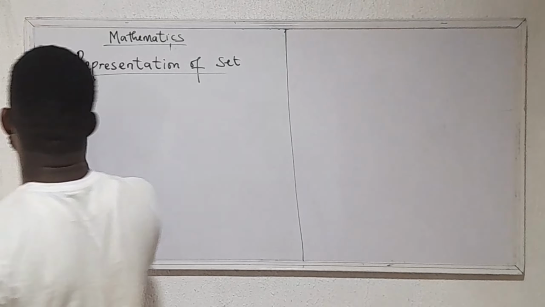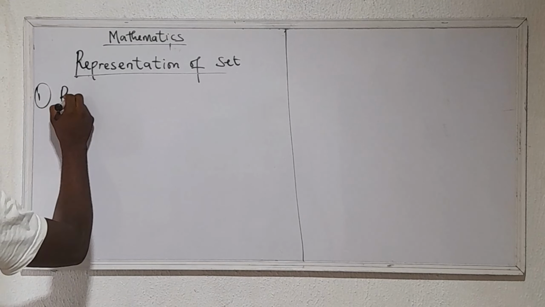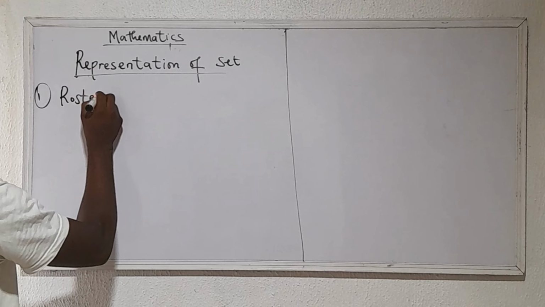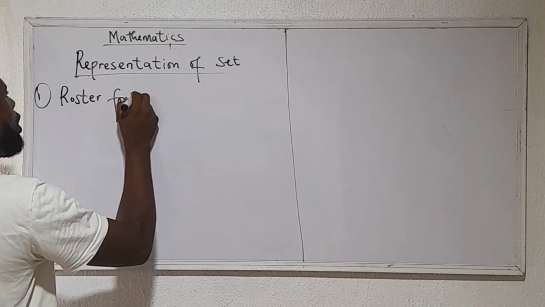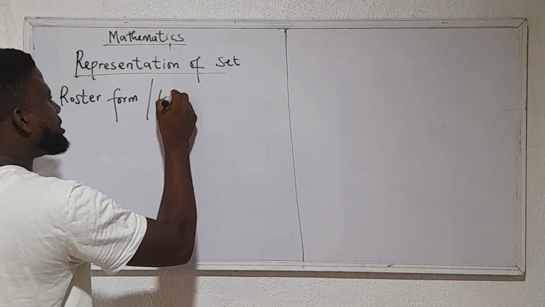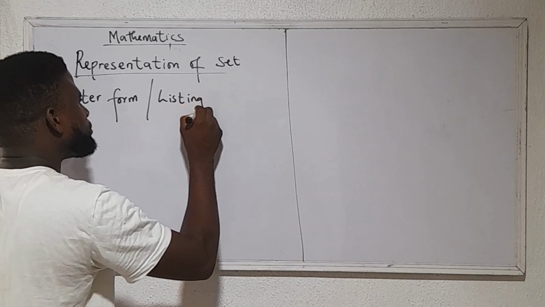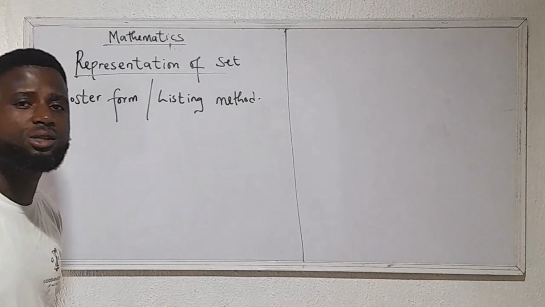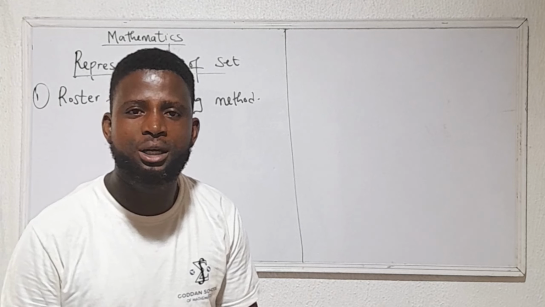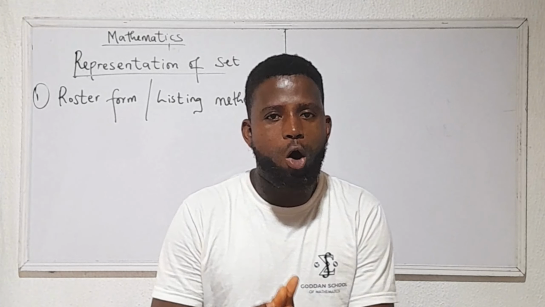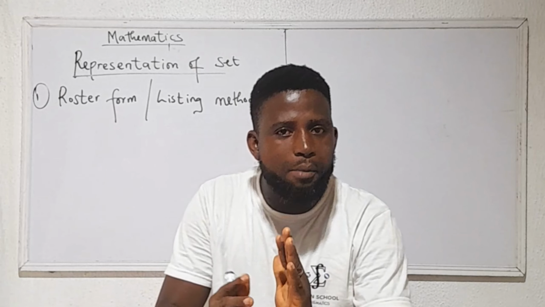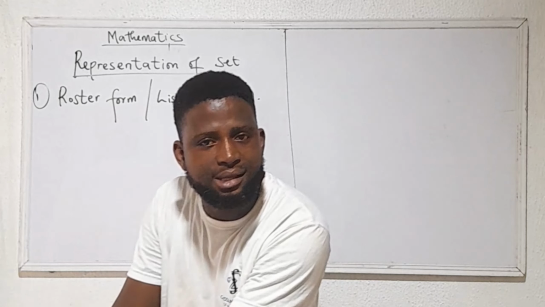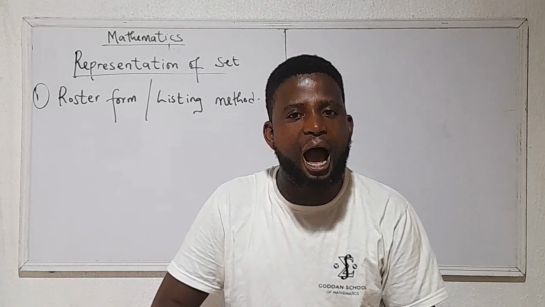Number one, the roster form, also known as the listing method. The roster form or the listing method is a representation of sets in which the elements of the set are listed or the elements of the set are given.